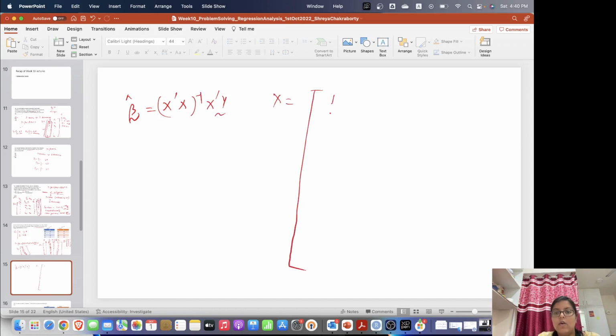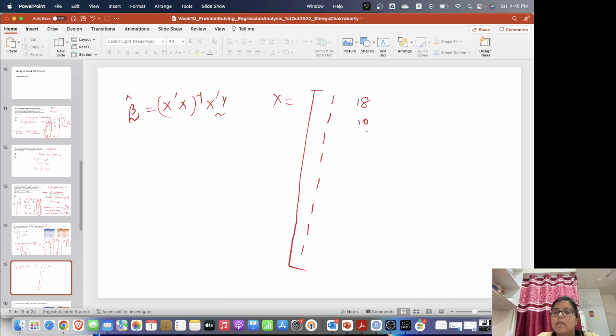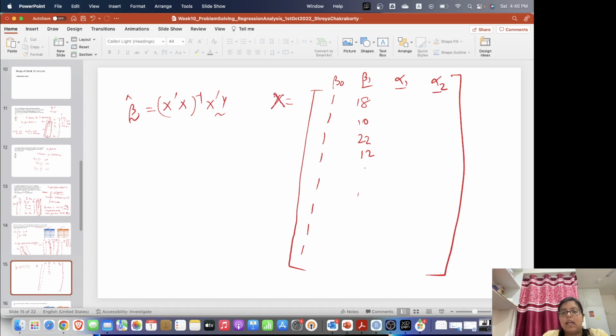I'll write it again: 1 1 1 1 1 1 1 1, then 18, 10, 12, 22, 12, and so on. So this is beta naught, this is beta 1, and these are alpha naught and alpha 1. We'll just use this X, take X transpose X inverse and then X transpose Y, and we would land up at a beta.